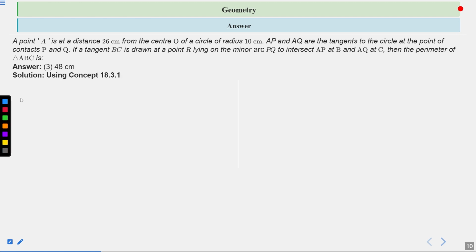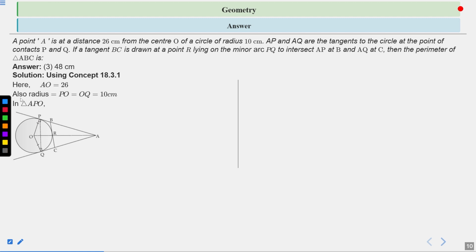Now see the detailed solution using concept 18.3.1. Here AO is given, which is 26 centimeters. Also the radii OP and OQ are given, which are 10 centimeters. In the diagram, OA is 26 centimeters, and OQ and OP are also 10 centimeters.